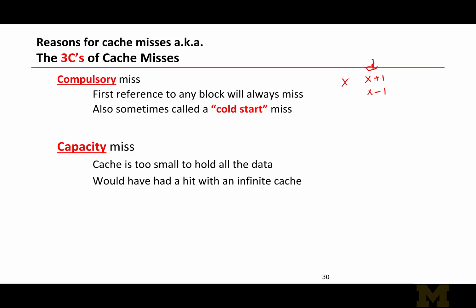The second type of cache miss is due to smaller cache capacity. So if I didn't have a large enough cache, then I could have cache misses.